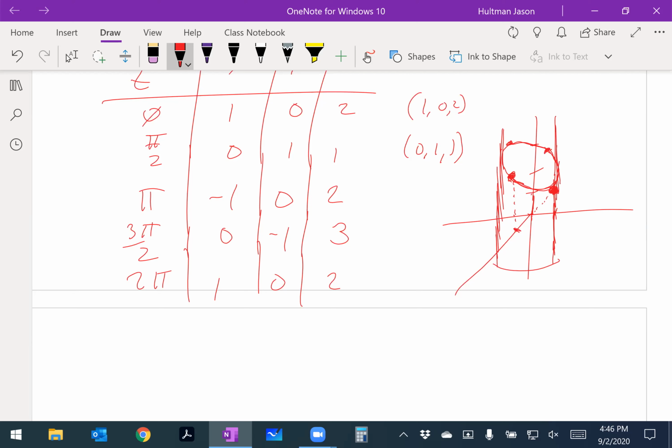Does that make sense? It's a slice inside the cylinder with this plane slicing. So is a slice at an angle? Yeah, it's slicing. Exactly. And it creates an ellipse.